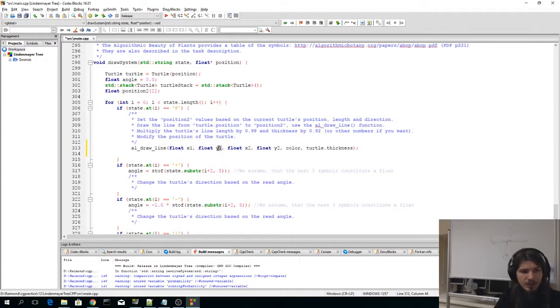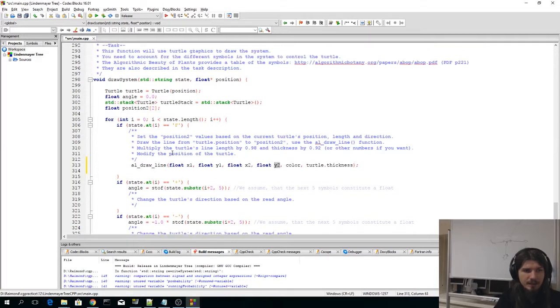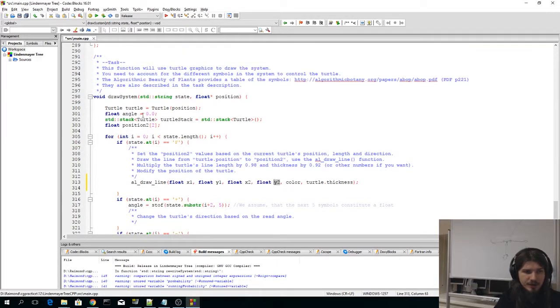Now x1, y1, x2, y2. Now those should be like the position, the initial position of the turtle, and the position after it has moved. So you can see that set the position 2 values based on the current turtle's position, length, and direction.